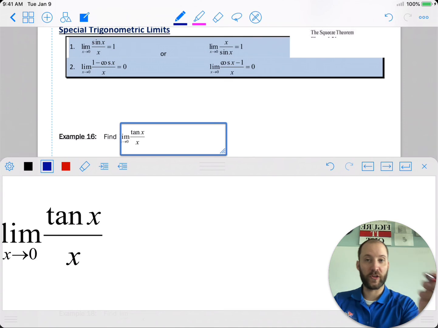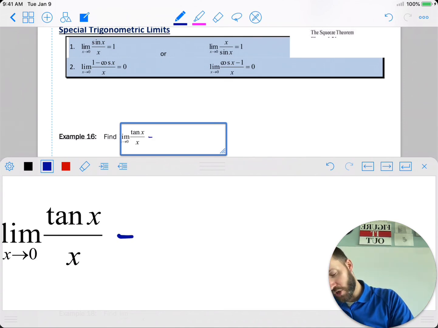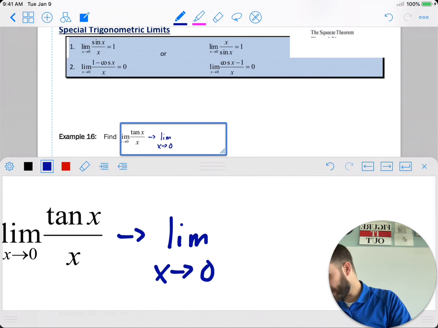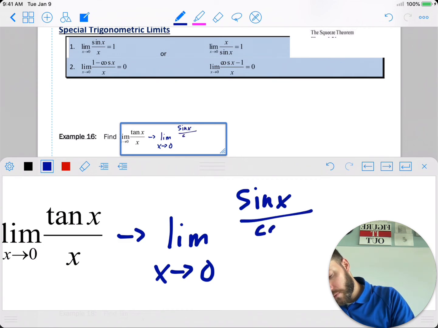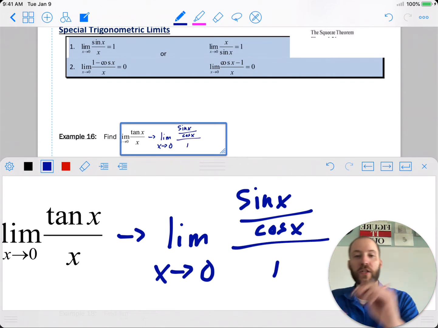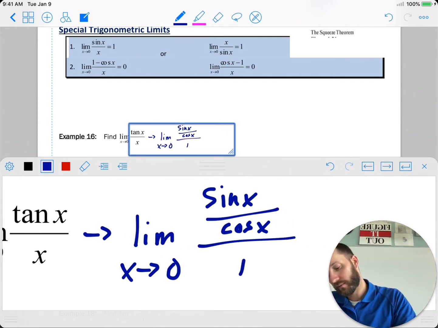Alright, from your trig class, you should know that tangent can also be written as sine of x over cosine of x. And that's all still over 1.